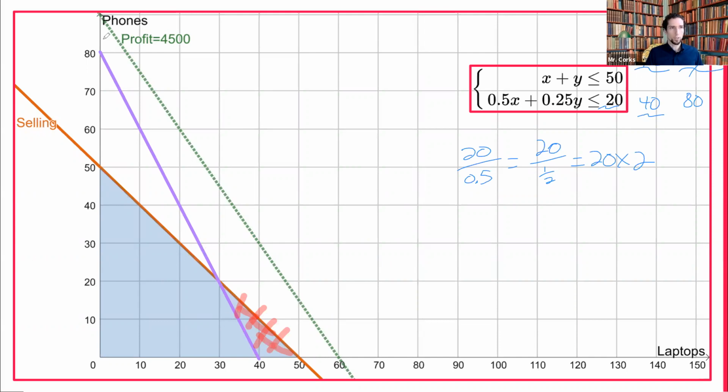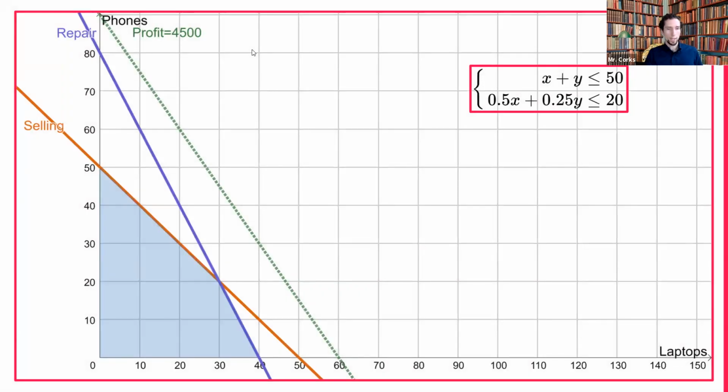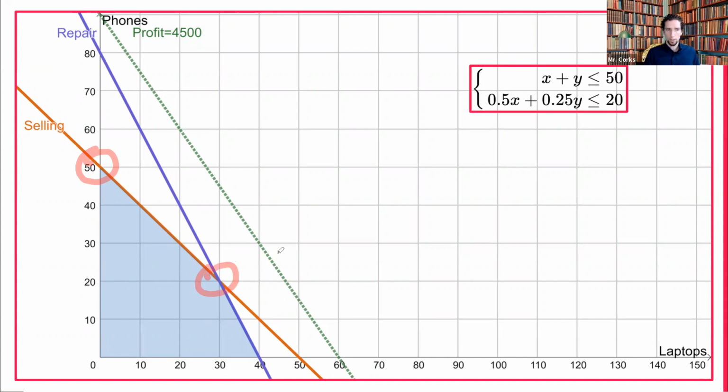So our feasible region has to change to reflect that. So this is the actual situation that we have now. So for this shape, how many corner points do you see? The x-intercept 50 with the orange one. Okay. And then here where the intersection is. Okay, so the intersection of the purple and orange.